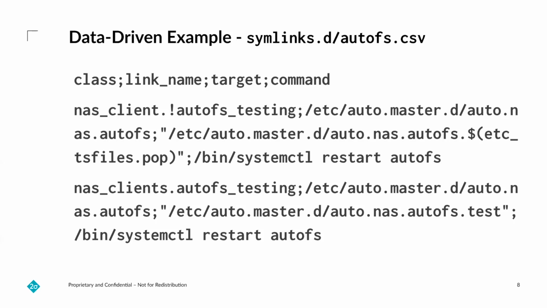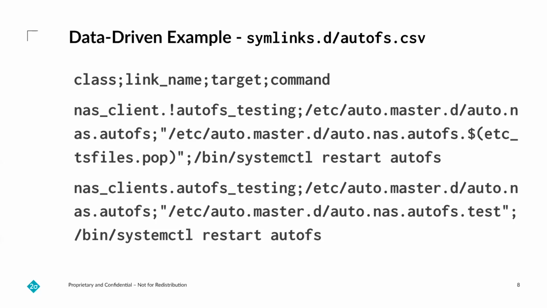We have a bunch of things that hosts know about themselves, like an etcts location and an etcts hardware info, because TS is for Two Sigma, of course. POP is our point of presence, our data center. Every host knows what data center it's in, and we can use that as part of our configuration here. I'll show you how that gets implemented as we go through the policy that I'm about to present.